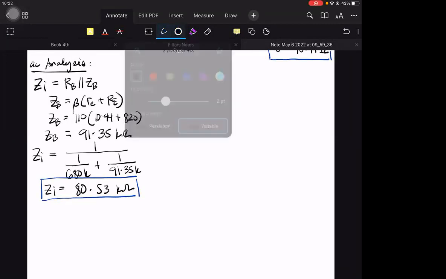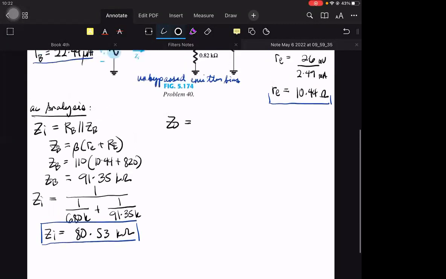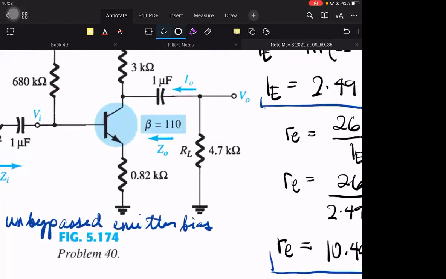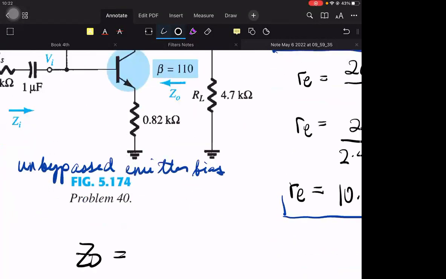Next, ZO. If I'm not mistaken, ZO is RC. Since what was given is small ro, we'll assume the device output impedance to be infinity.